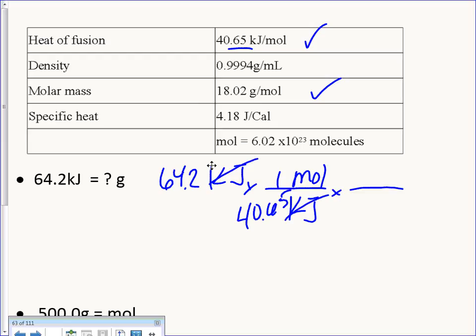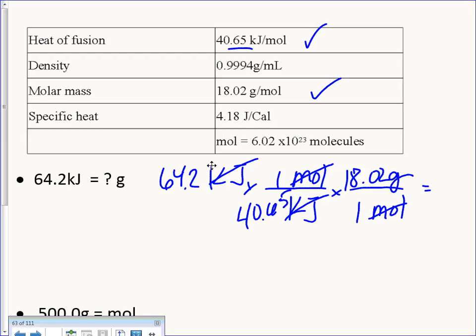You're like, okay, gotta cancel mole now, because nobody cares about moles, we care about grams. Mole goes on bottom, because it must cancel on top and bottom. And then this particular one had grams with it, which is a good thing, because we need grams. The 18.02 sticks with gram, and the mole has just a lonely 1 with it. Moles are then going to cancel because they're in the numerator and the denominator.